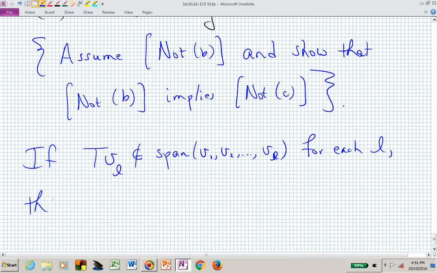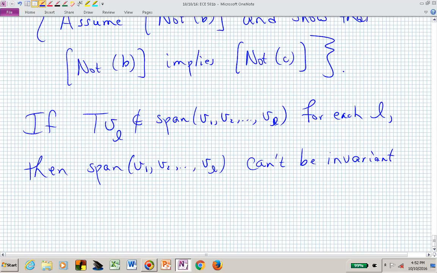And this says then the span of V1, V2, up to V sub L can't be invariant, because with this assumption, T V sub L throws us outside of V1 through V L, and we have to pick up or use other basis vectors to represent T V sub L. And so that's not being invariant.